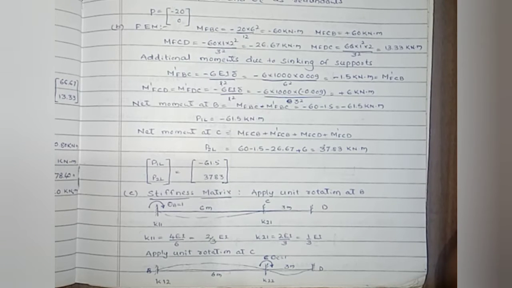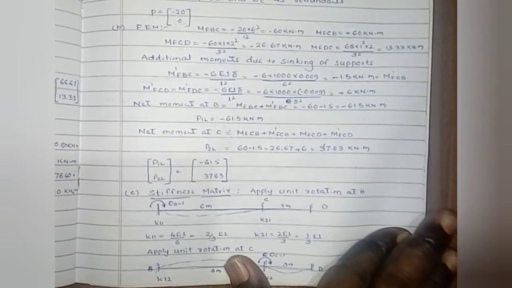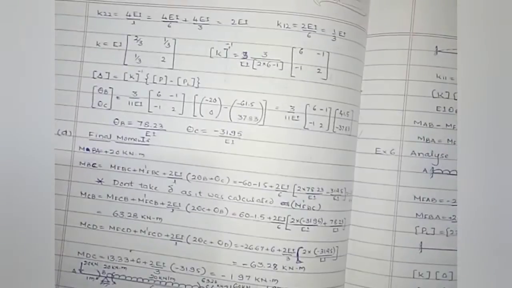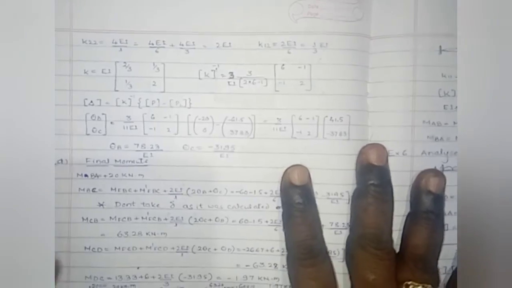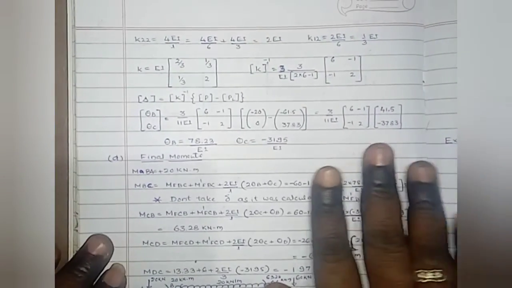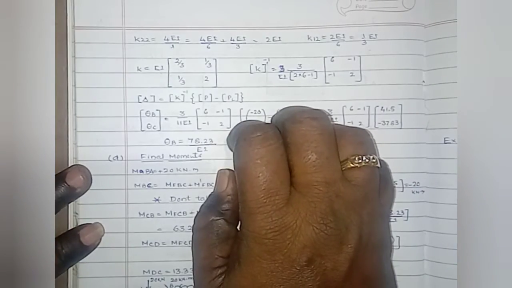Due to that, both spans BC and CD will get displaced as shown in figure. The deformation is as shown in figure. Now we can get the stiffness values in both the spans.